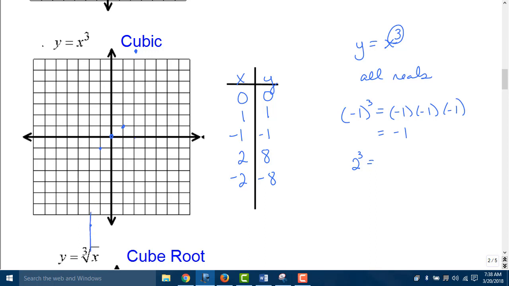So what it's going to look like is something like this. If I were to continue, 3 cubed is 27, and I'm way out of space. But you can see it does have some symmetry. Remember, we talked about earlier that this is an odd function, so it's symmetrical with respect to the origin. But look at that. It has those same 2 points in common.